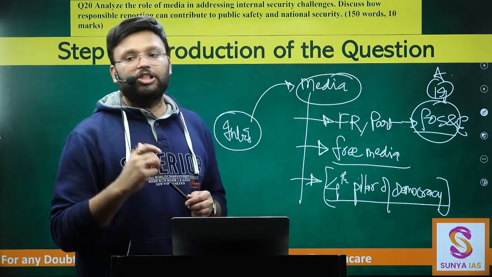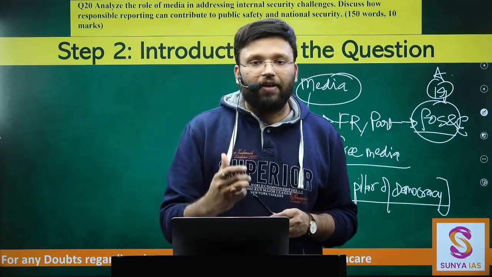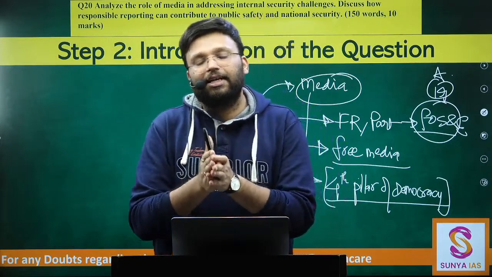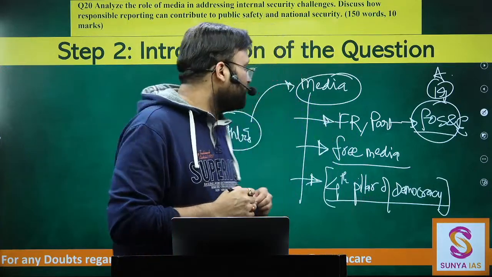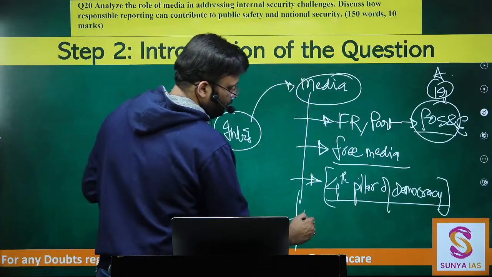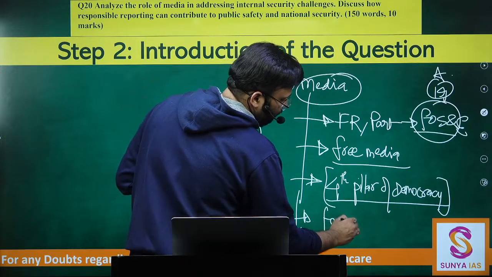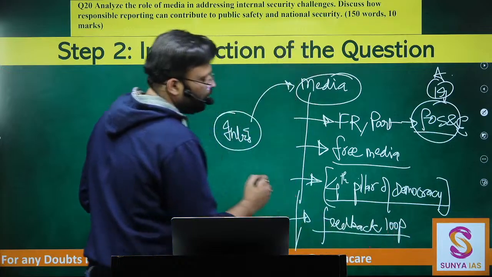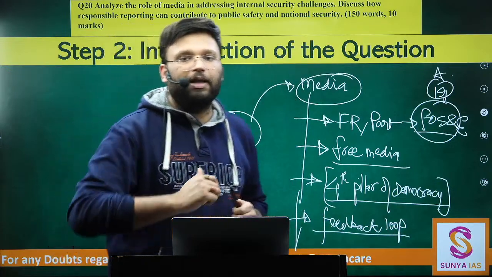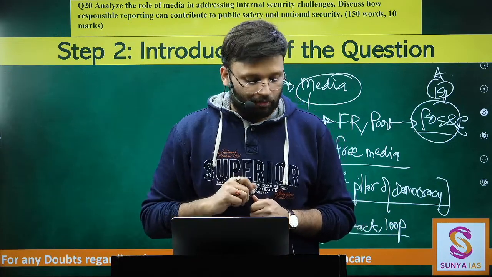Why? Because media is the interface, the link. It is the feedback loop. It provides the feedback loop mechanism from government to the people and from people to the government. What do we mean by that?